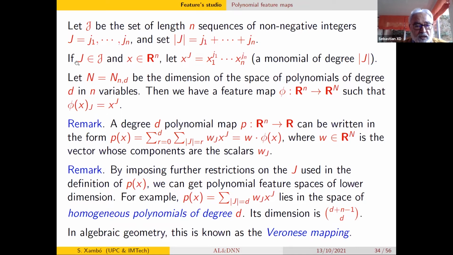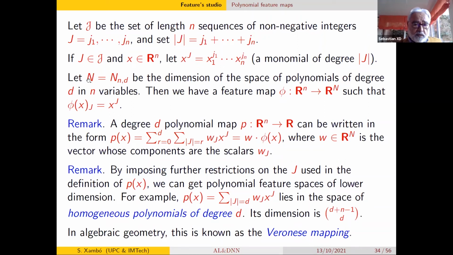Now, if J is one of these sequences, and X is a vector in Rn having components x1, x2, up to xn, then I will denote by X upper J this monomial. This is a monomial of degree absolute value of J. I don't know how to call it, okay? I'll say absolute value of J.